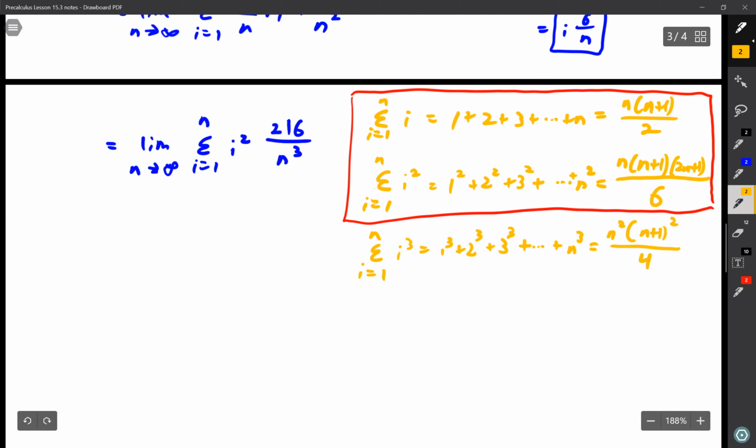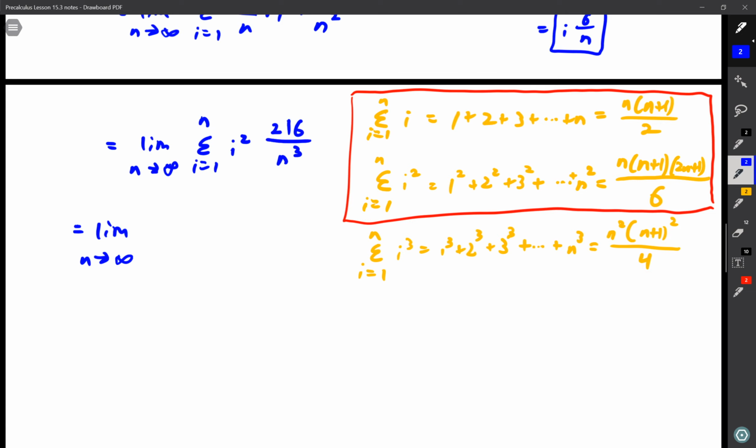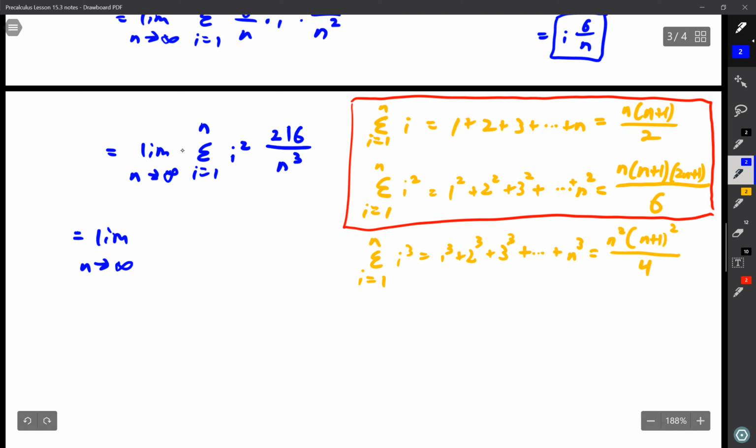Remember how I said that as long as there's an i in your formula, you need to keep writing the sigma notation. Well, what is the sum of i squared? It's this formula here. So what we can do is we can write the limit as n approaches infinity of, now we're no longer going to write the sum of i squared, we're going to plug in what the sum of i squared equals.